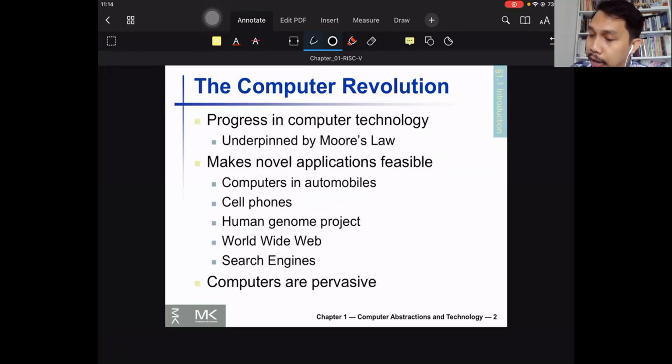All of us here are aware of this so-called law, Moore's law, right? We were made to read Moore's paper before, in Electronics 1.